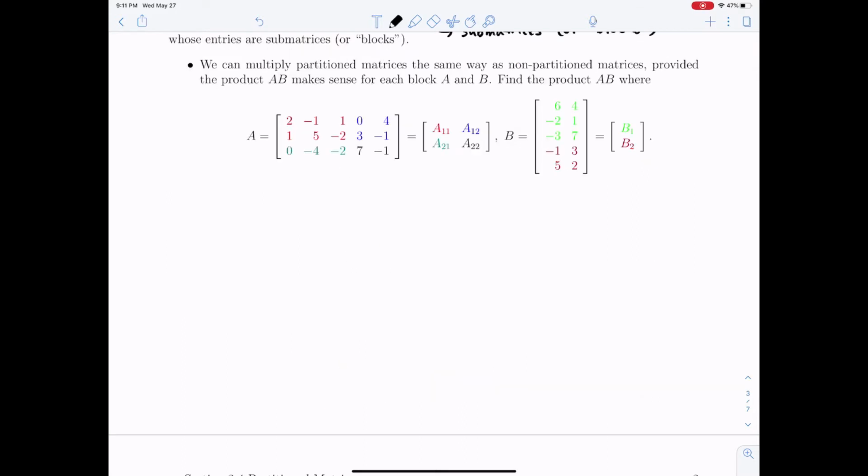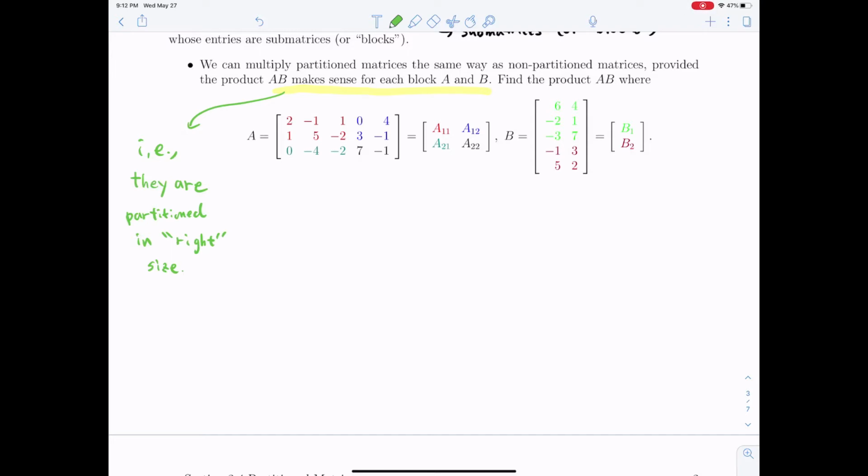So we can make use of partitioned matrices to calculate the matrix product. But here, the multiplications of the partitions must make sense for each matrix. What this means is that both A and B are partitioned in the right way so that the multiplication really makes sense.